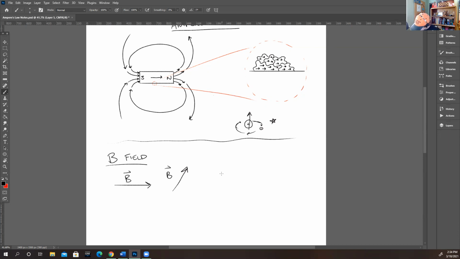So something that's going away from us, we could denote as an X. So away from us, and towards us would be just a dot or a circle. Into the page, this would be sort of into the page or into your computer screen. It's going directly into it. This is directly out of the page.